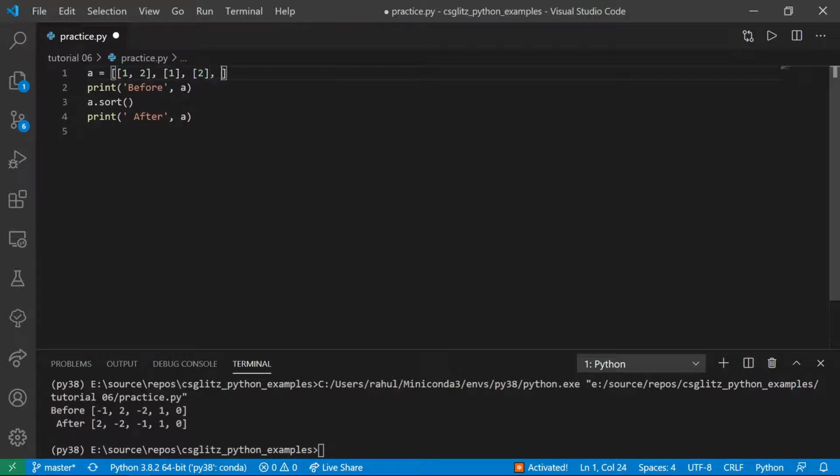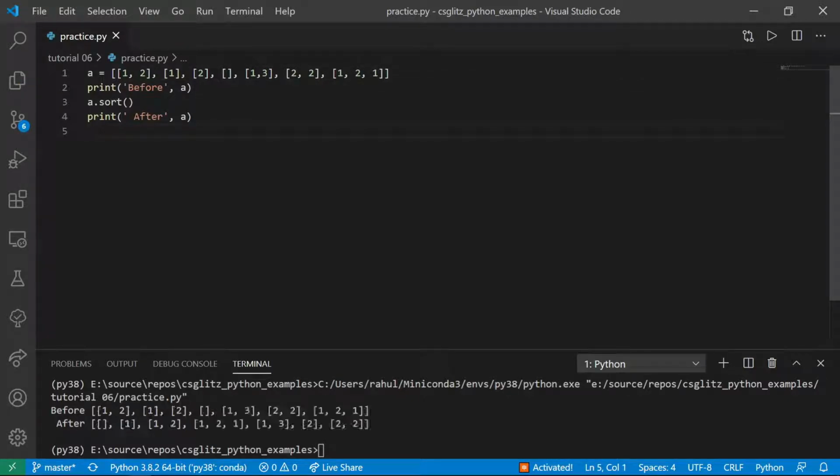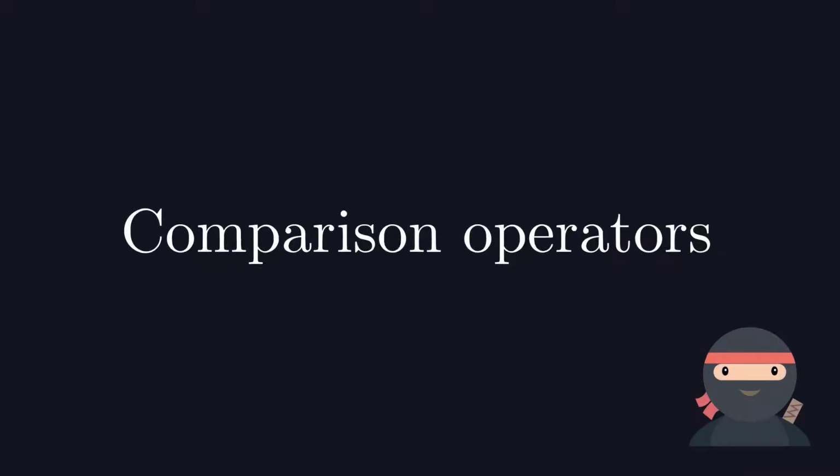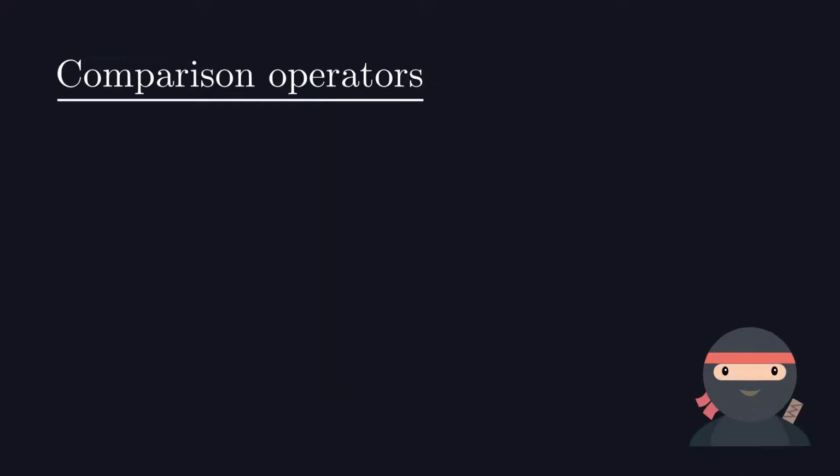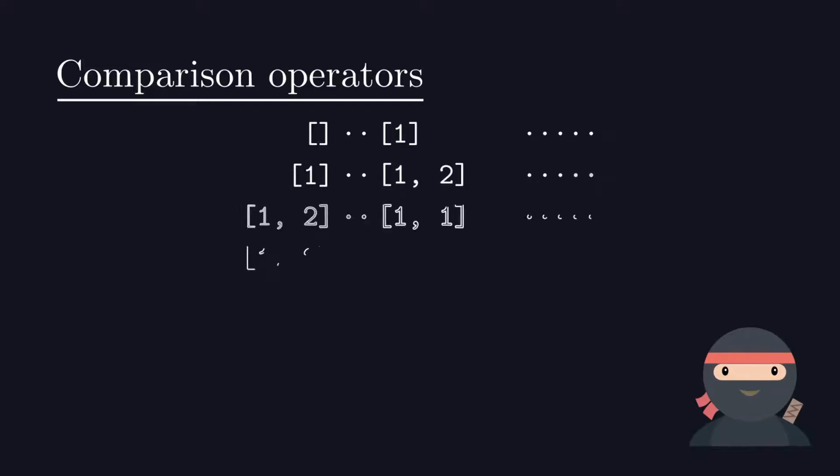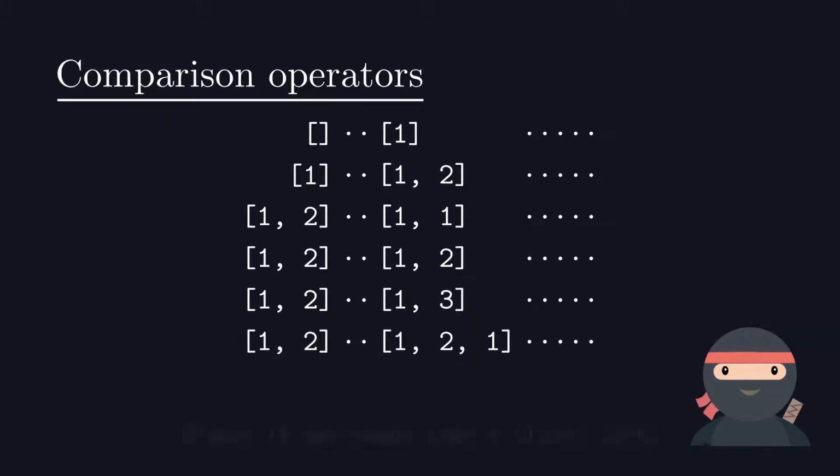We can also sort the list even if all the elements are lists. Here, the sort method is comparing different lists. We can use all the comparison operators on lists. It will compare the elements one by one.